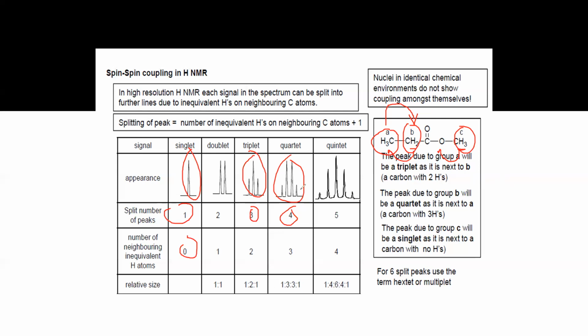The peak of CH3, which has 2 neighboring hydrogens, will be a triplet. The peak of CH2 will be a quartet, because there are 3 hydrogens, so 4 peaks. And the peak of the other CH3 will be a singlet.